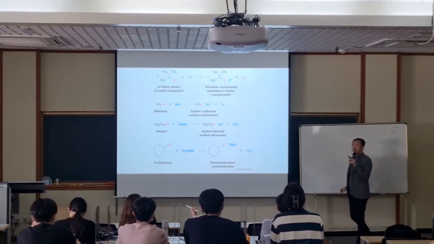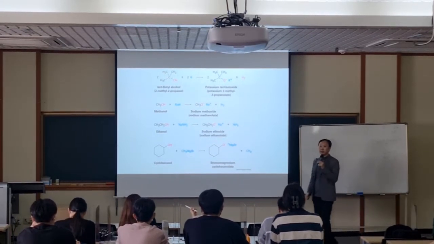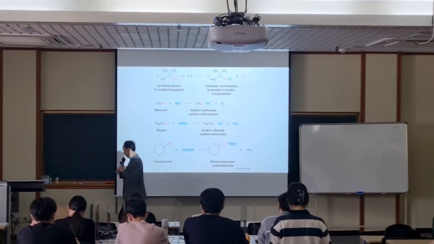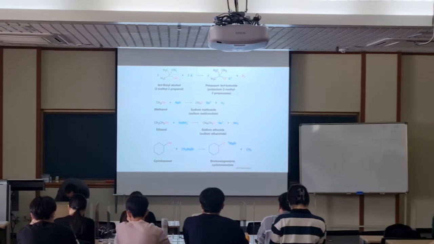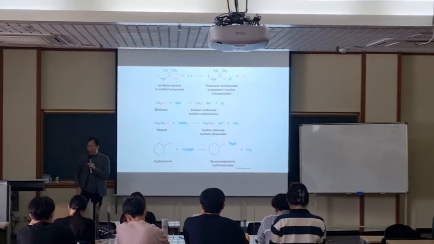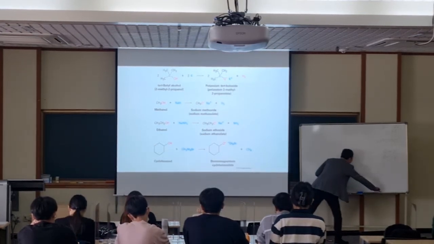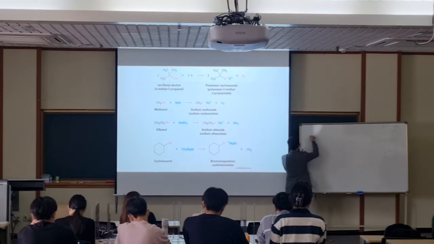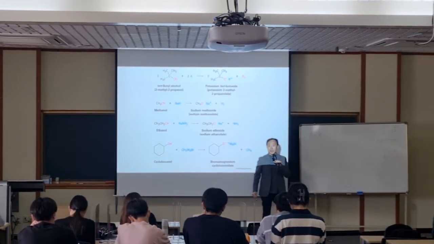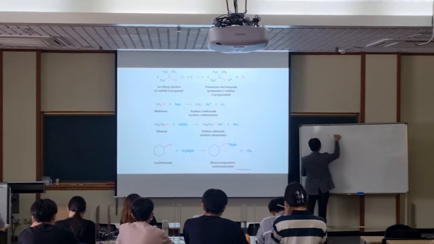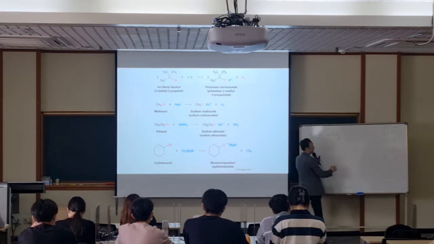How do you make a Grignard reagent? You start with alkyl halide, and here you add magnesium.